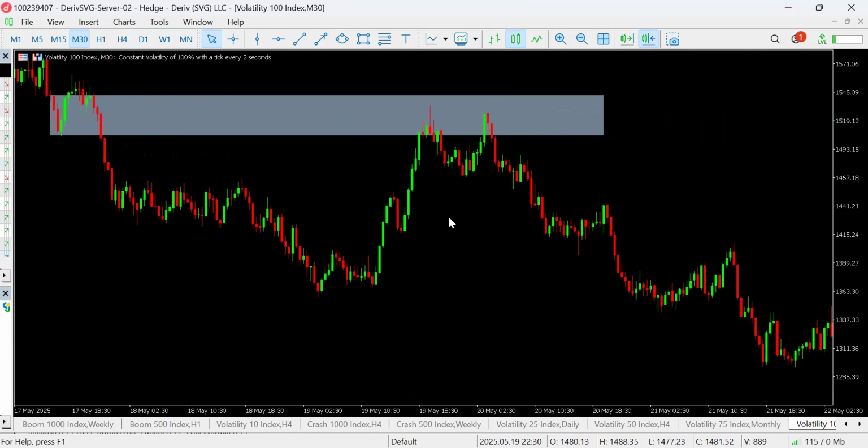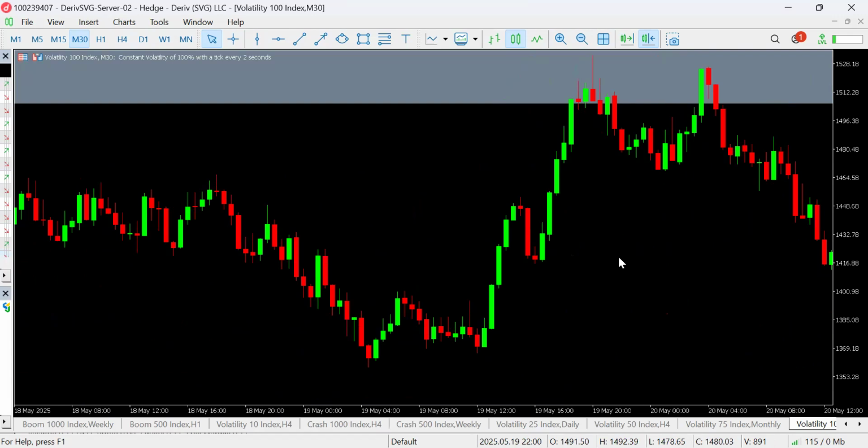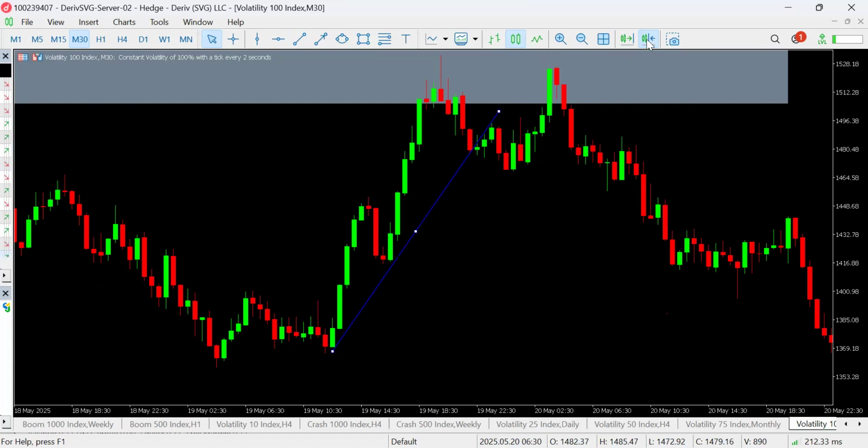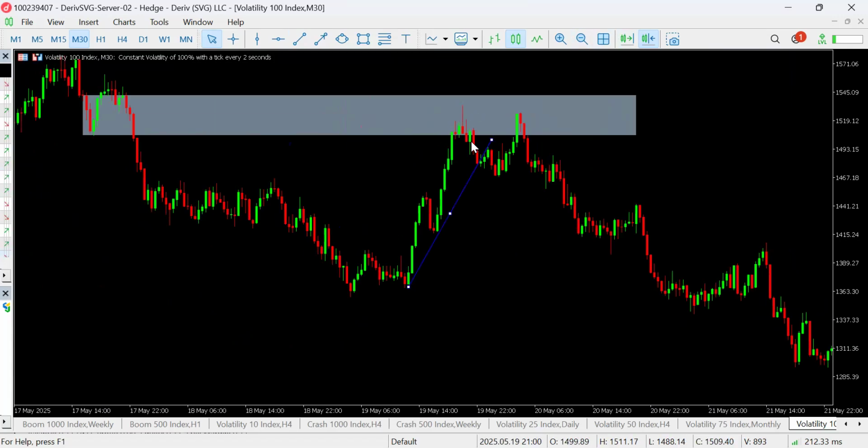Now we can see, all we would have needed to do here would be to impute a trend line. You can see this is beautiful. Once you impute a trend line and the trend line gets broken and retested, then your stop loss would be way here, and you can give it a little breathing space above this high.